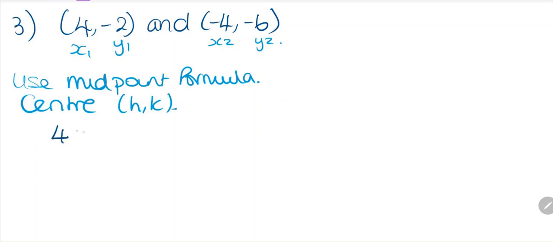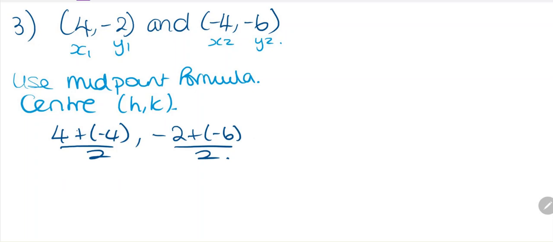So we've got (4 plus minus 4) divided by 2, and (minus 2 plus minus 6) divided by 2. So h and k. So this is going to be 0, and minus 2 minus 6 is minus 8 divided by 2 is minus 4. So our coordinates will be at 0, minus 4.